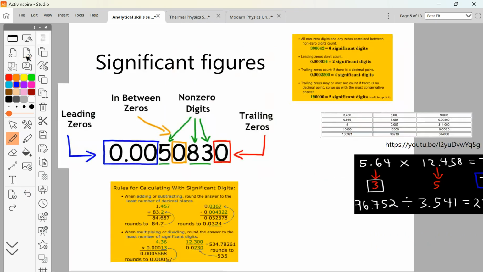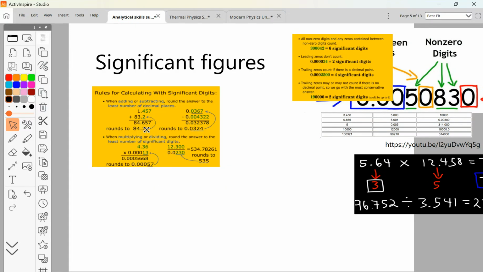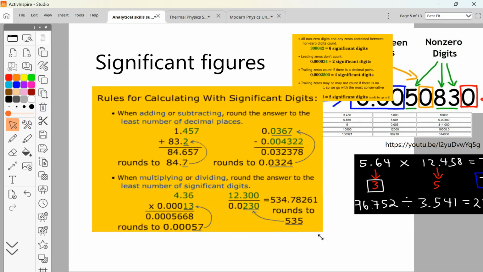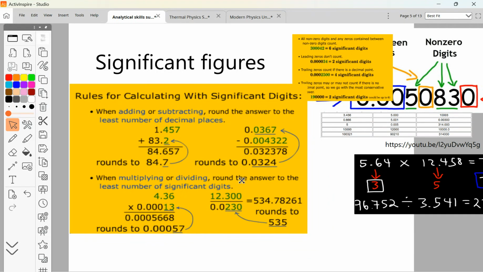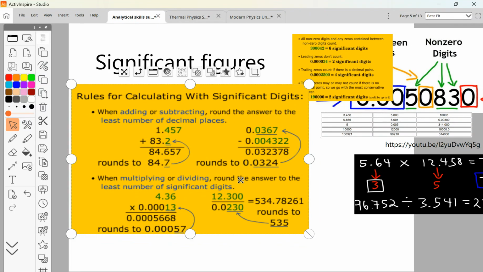I'm going to throw that one out just to give us the examples quickly. When we are calculating with values with significant figures, please remember when we're adding and subtracting, we look at the decimal places. So it's the least number of decimal places, because this value, you couldn't read any more decimal places.